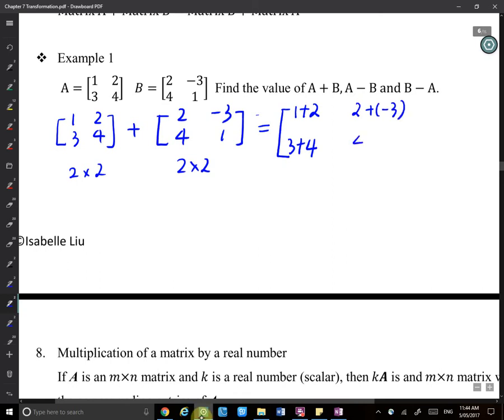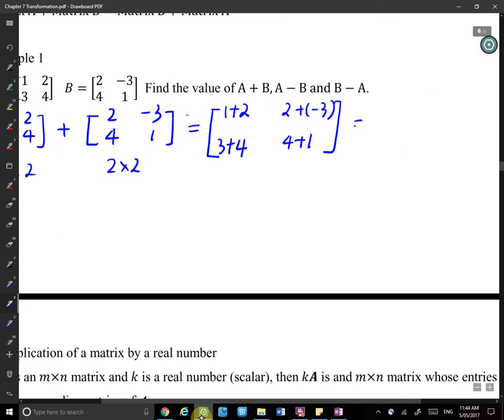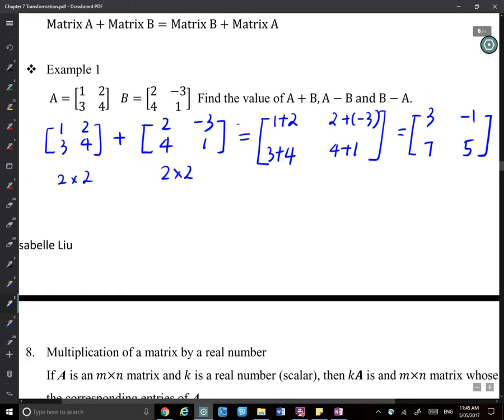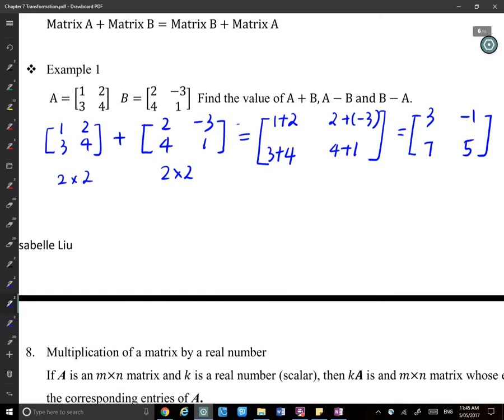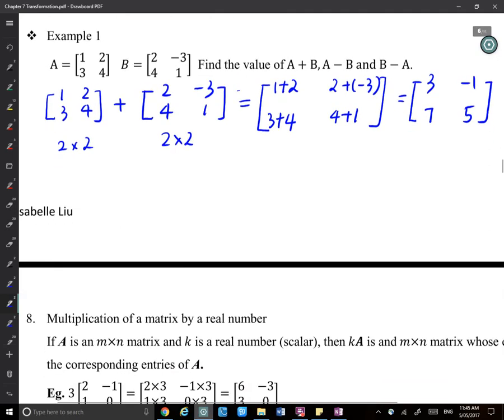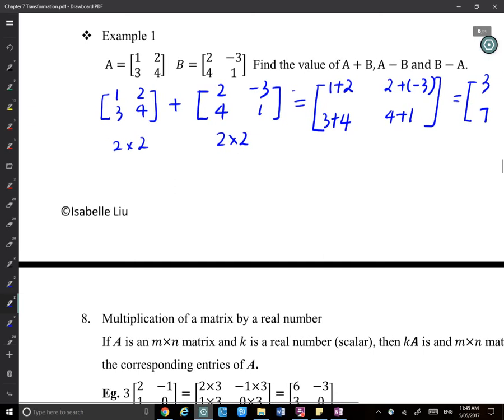And I can add 4 plus 1. They have the same position. Therefore, the answer will be 3, 7, -1, and 5. That's A plus B.